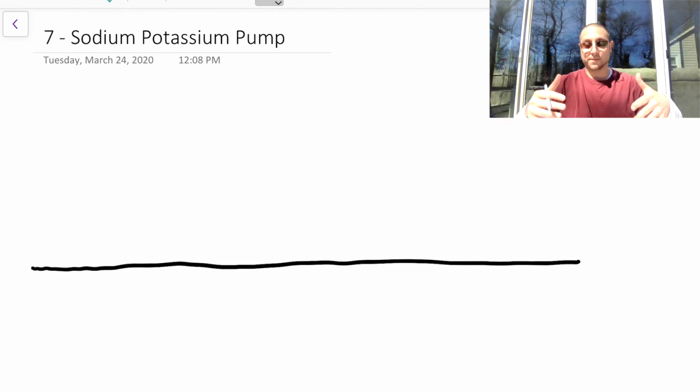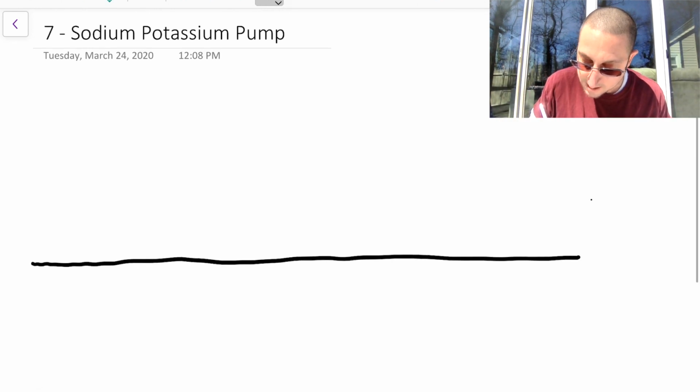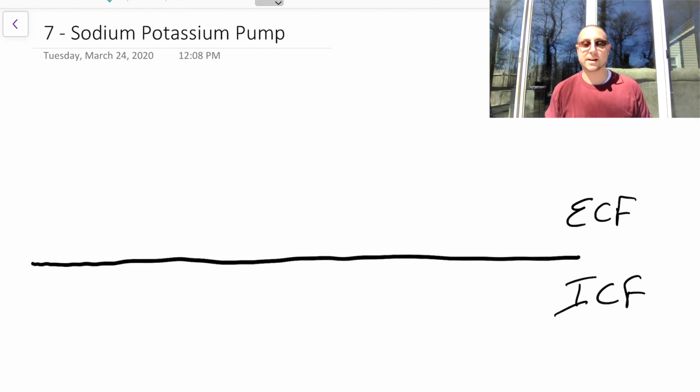Anyhow, so in front of you, I have a line, and we are going to label this ECF and ICF. So we're talking about the sodium potassium pump. And the function of that is to keep the difference in charge. You want to have a negative inside and a positive outside, and this is one of the many things that helps that. In this class, we're just really going to be talking about that.